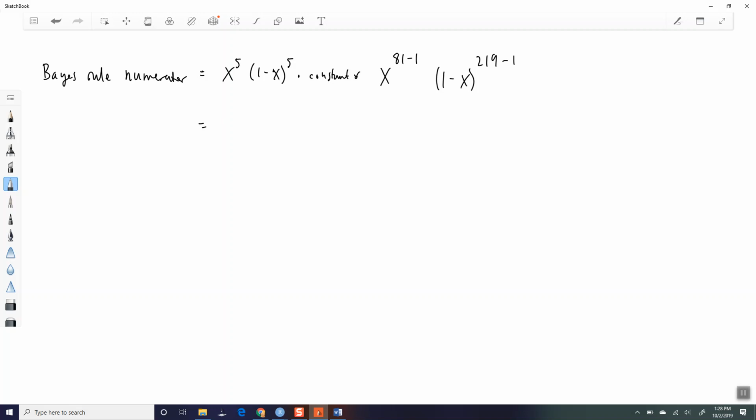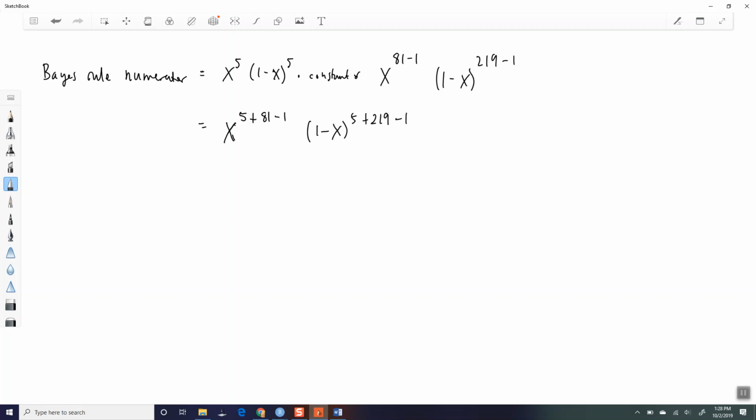This is going to become x to the 5 plus 81 minus 1, and 1 minus x to the 5 plus 219 minus 1.